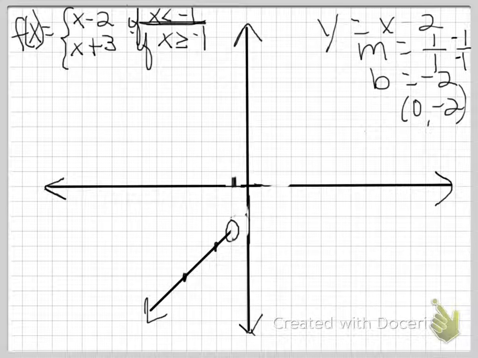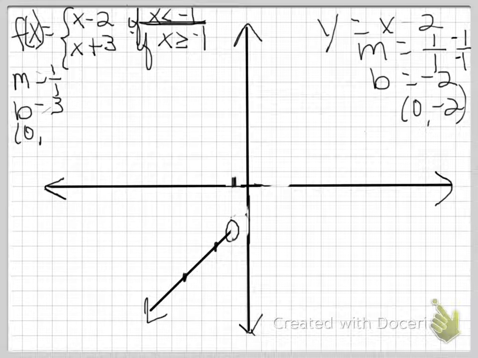The second equation is x plus 3, so your slope is 1 over 1, your b is 3, which is the ordered pair (0, 3). So I'm going to graph that and make several points.